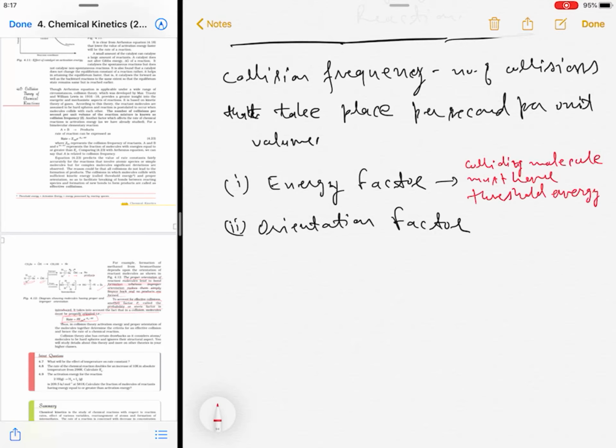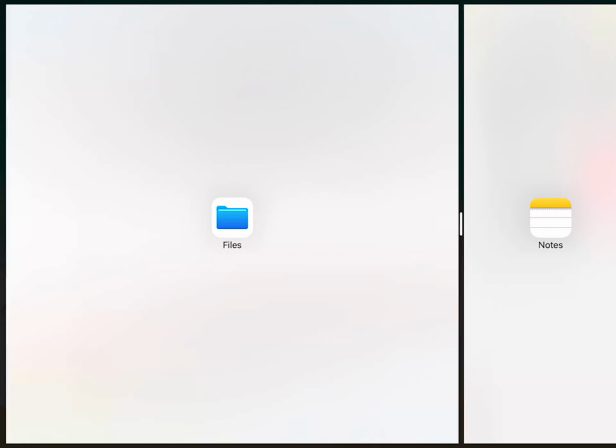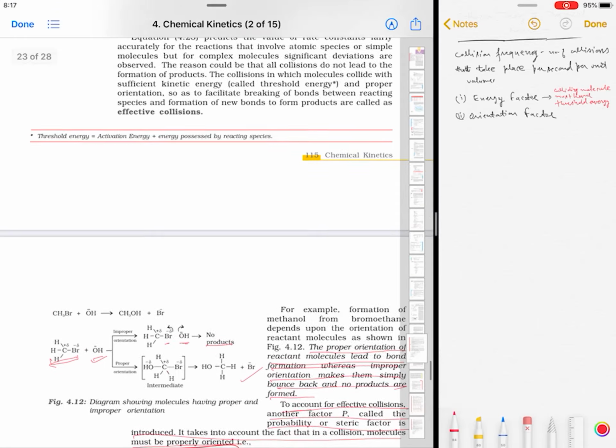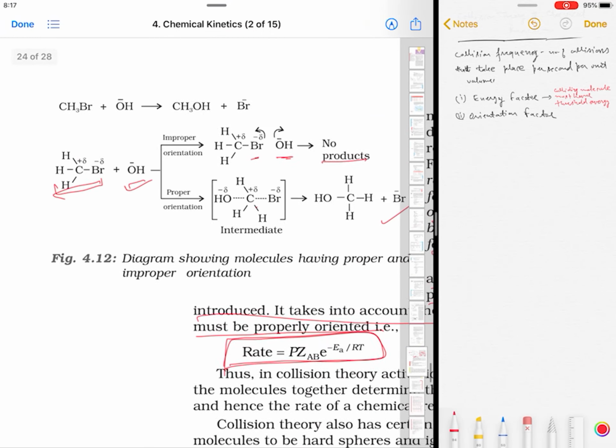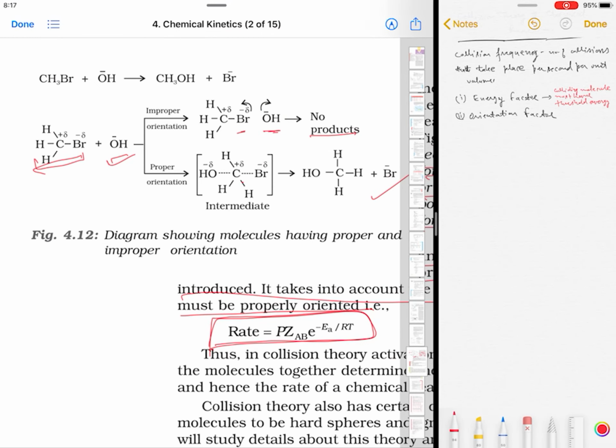Only those collisions will result in the formation of product in which there is a proper orientation of the reacting molecules. One example is given here. Suppose CH3Br combines with OH negative to give CH3OH. Then there are two possibilities.